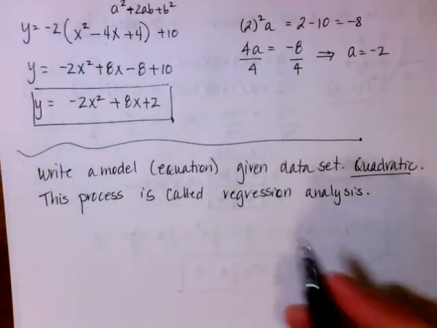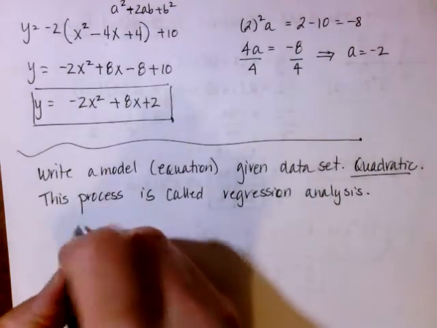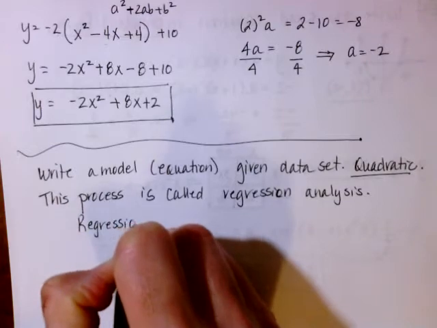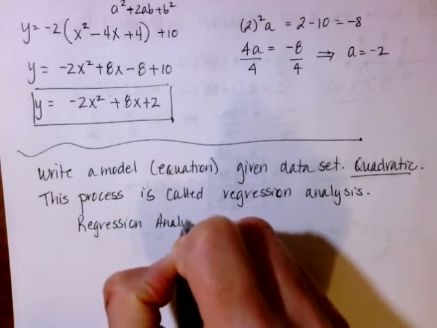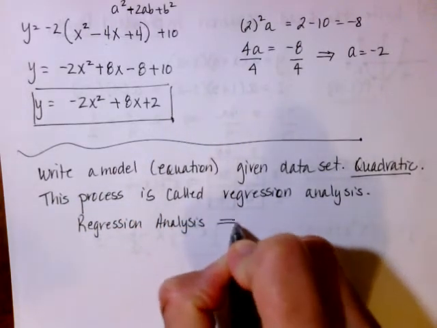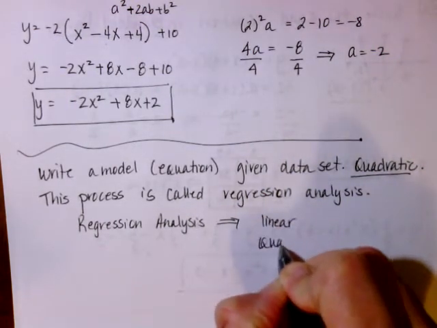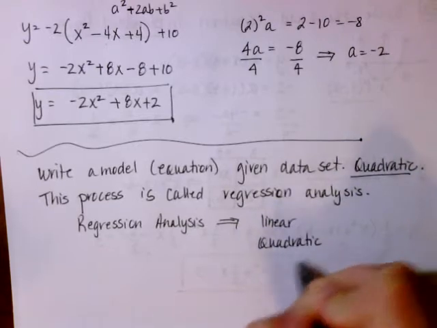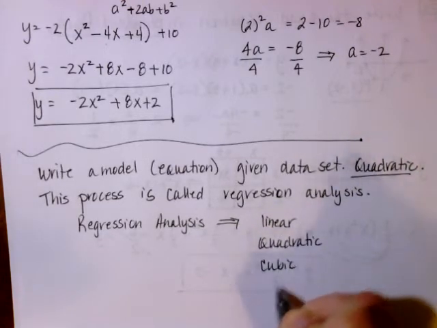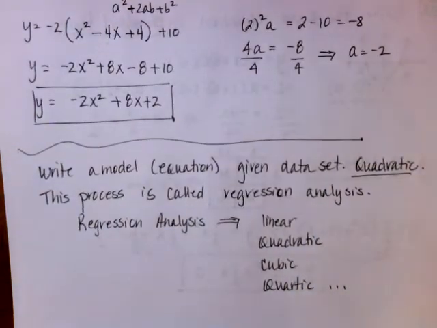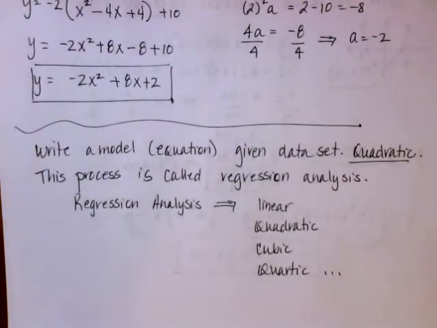One additional piece of information: I can do regression analysis on many different types of data. And I'll show you on your calculator, I could do linear, I could do quadratic, I could do cubic, I could do quartic, etc. So my linear, quadratic, cubic, quartic, and then I think there are several other options that you can choose.